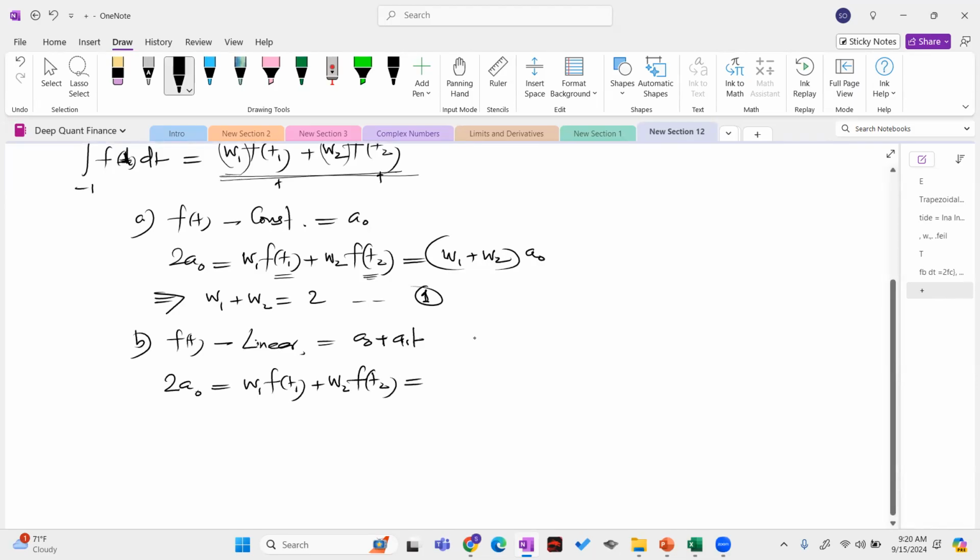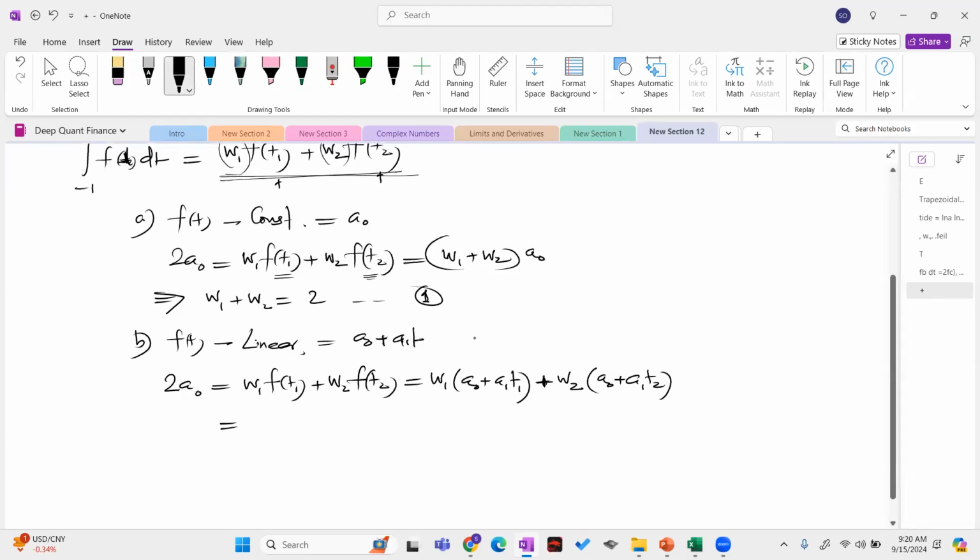And this is equal to, in our case, w1 times (a0 plus a1 t1), correct? Because you are sampling at t1. We don't know what that is yet. w2 times (a0 plus a1 t2), right?